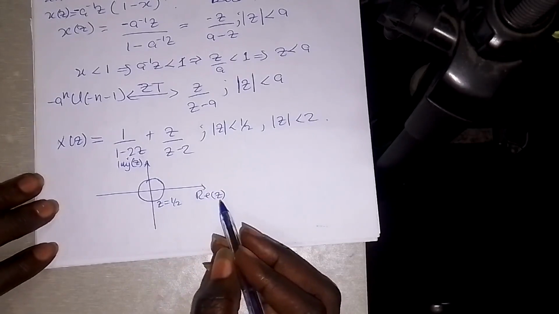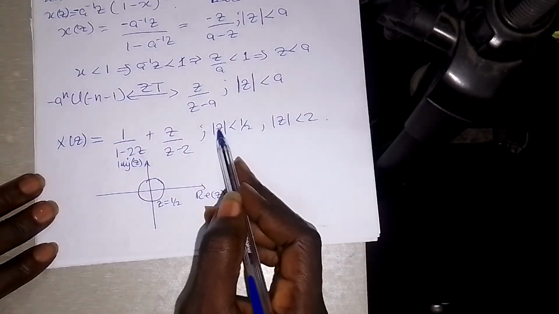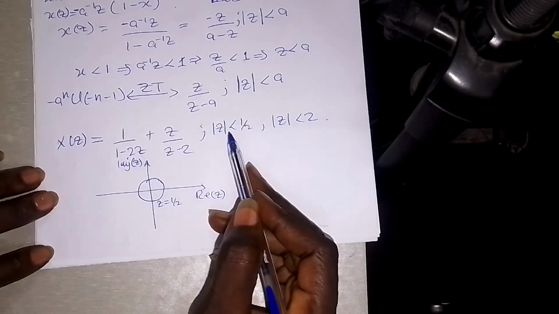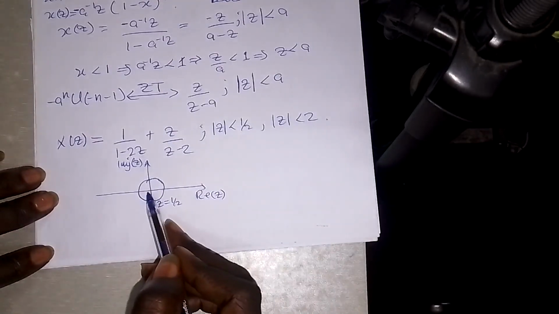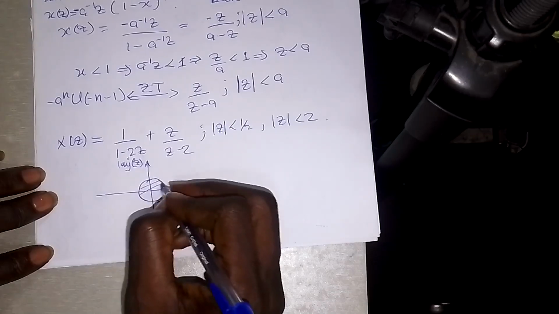For mod Z less than half, it's going to be within the circle, so I'll shade within the circle.